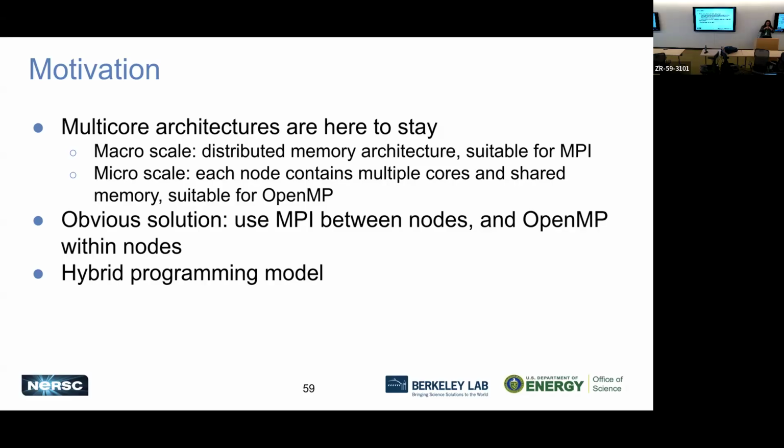On the micro scale, within each node, we have multiple cores that all share memory. And so that is an SMP architecture, so that's perfect for OpenMP. So why not do this? Use OpenMP within your nodes and use MPI between all of the nodes. That's what we call a hybrid programming model, because it's using both of these parallelism paradigms.